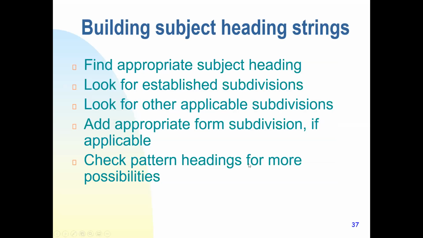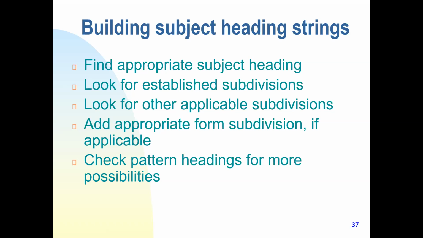So to build subject heading strings, we find the appropriate subject heading. Usually I just think of a keyword and type that in as a search, and then it will lead me to the correct term.